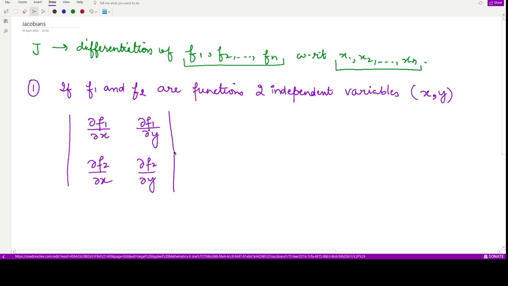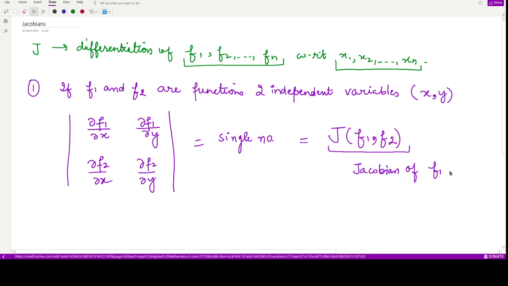When you take the determinant of this quantity, this would be a single number, right? And that single number is known as the Jacobian of the functions f1 and f2.